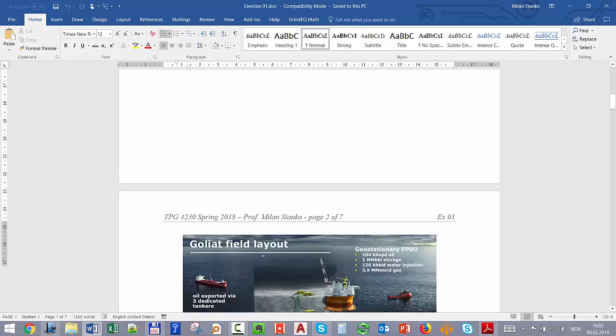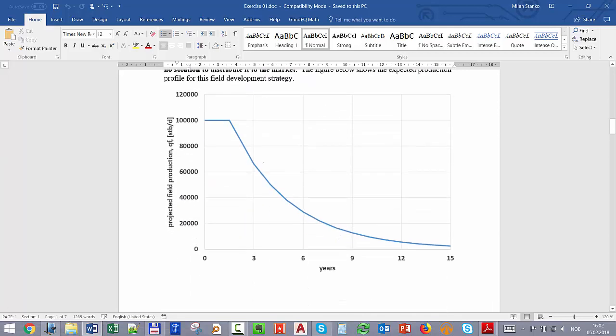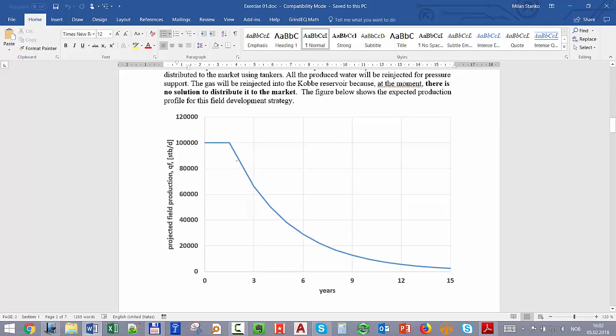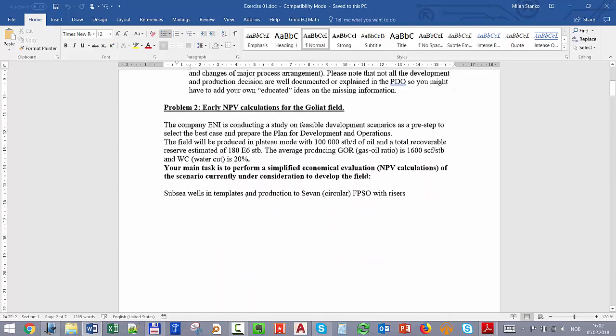So you say the field will be produced at plateau, 100,000 barrels per day, and that's how the production profile looks. So actually you will be producing at plateau for 1.5 years until you enter the decline phase.